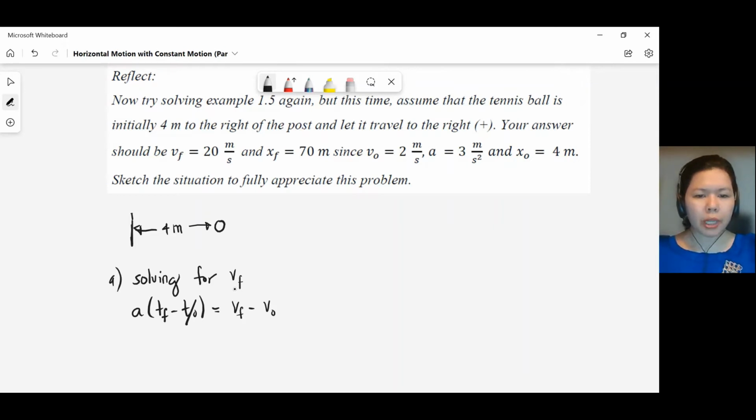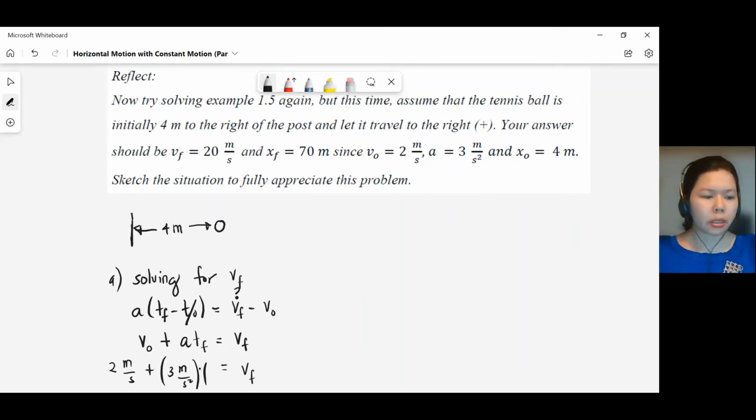And we want V final, so we transfer negative V naught to the left side of the equation, making it plus V naught. So that's V naught plus A Tf equals V final. We now substitute the given. V initial is 2 meters per second plus acceleration of 3 meters per second squared times T final.